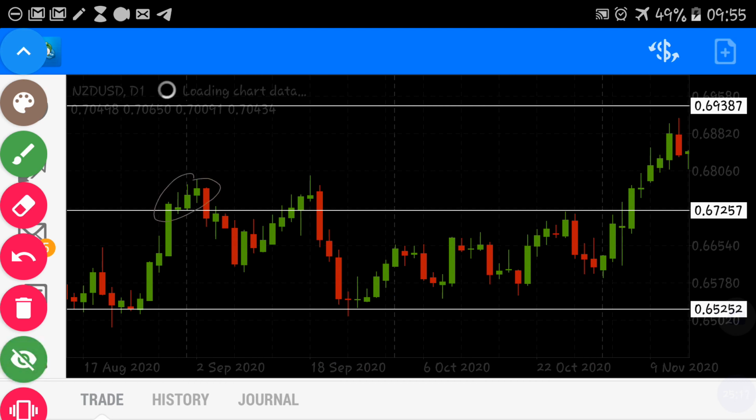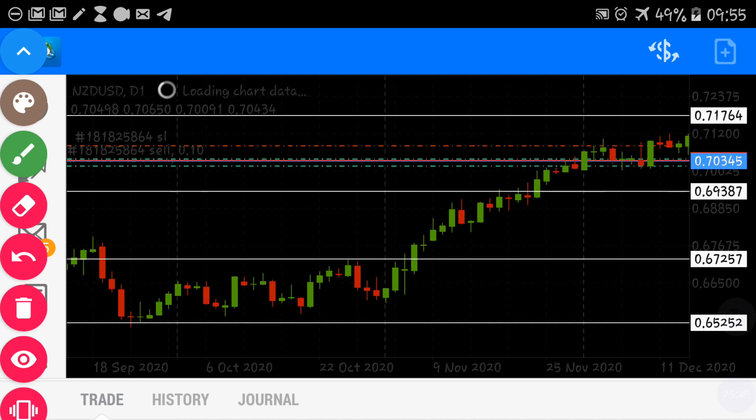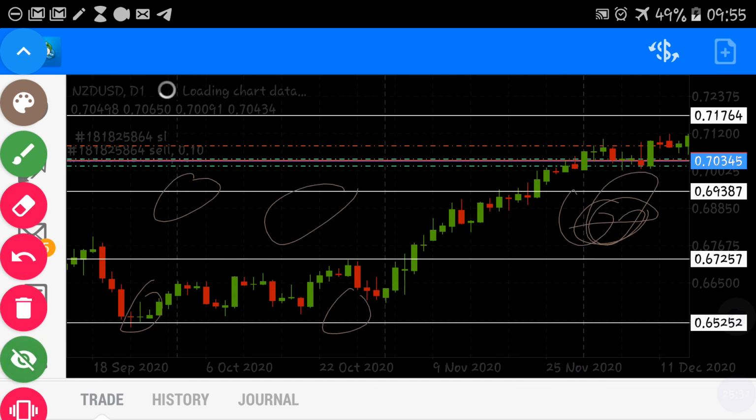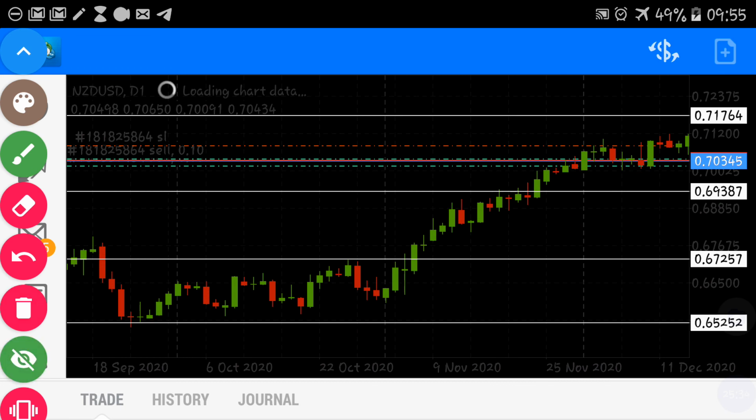Yeah, we can see one here, bounced down, bounced down, bounced up, bounced up, bounced down. Now it has broken it here. That resistance line now is going to be a support in the future. That's the beauty of it.